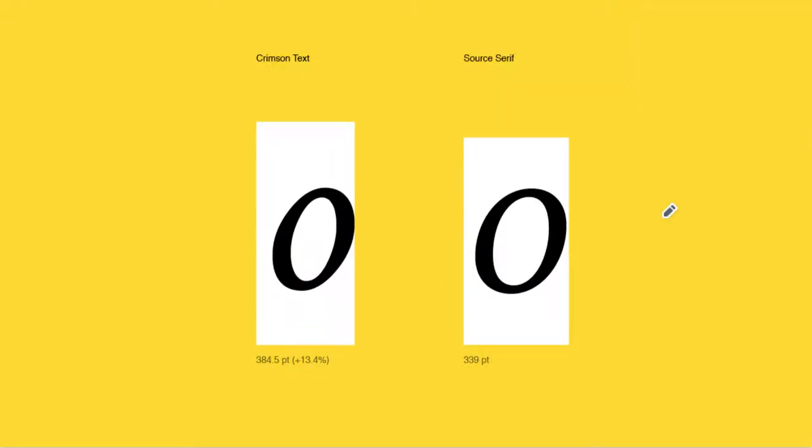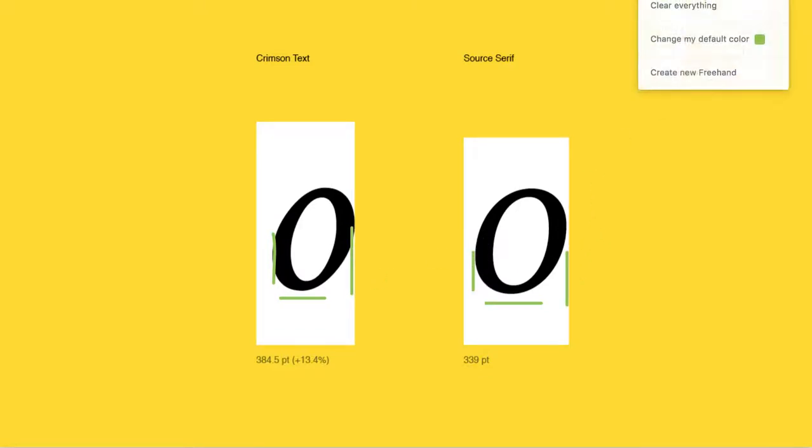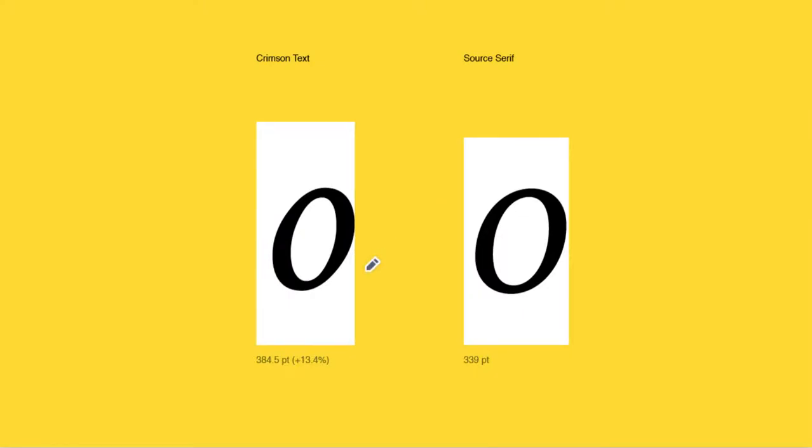So as we notice in position, now let's look at the shape itself. It appears that Crimson Text's O is narrower than the Source Serif O in its proportion, much more narrow, right here to here, versus here and here. It also appears that there is more stress. Notice the position of the stress relationship, right? Here are the thin parts and here are the thickest parts, here and here.